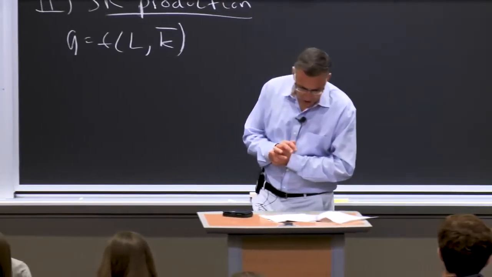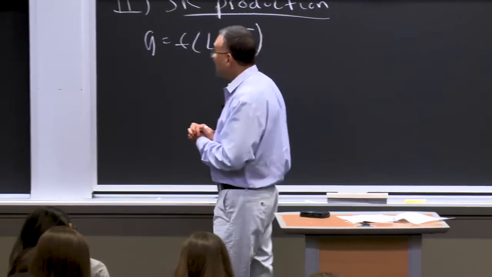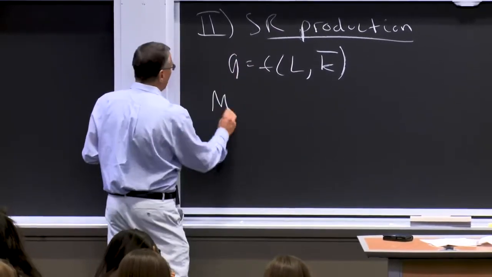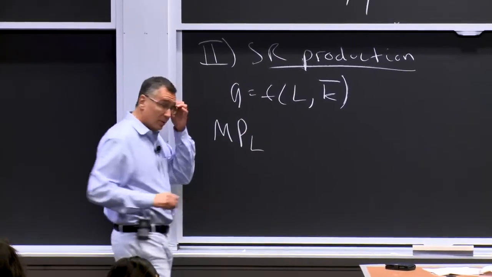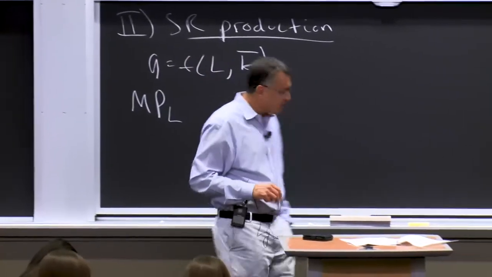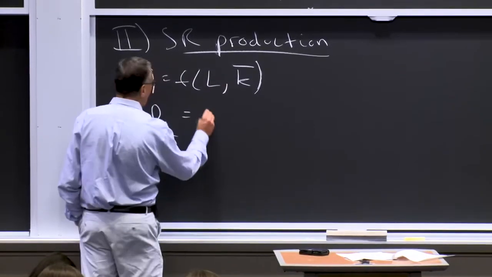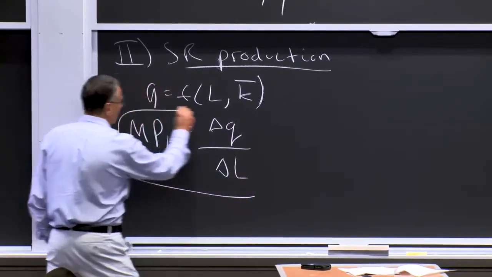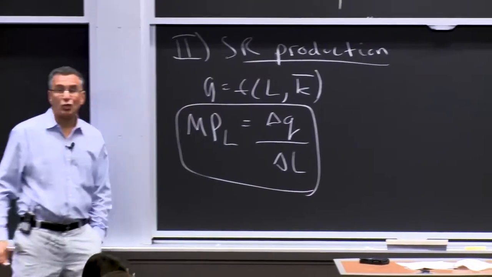The way you're going to decide that is you're going to look at what we're going to call the marginal product of labor, which is simply the change in output for the next unit of labor input. This is very much like a marginal utility of a good.